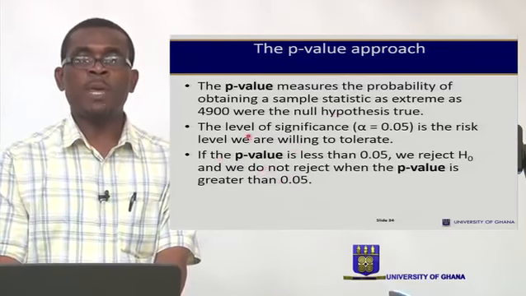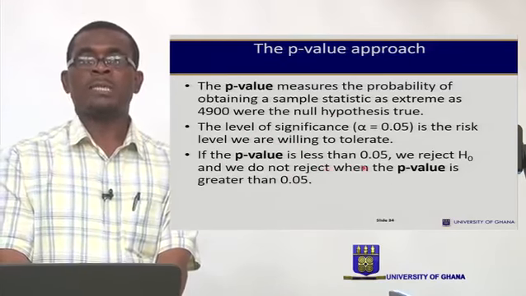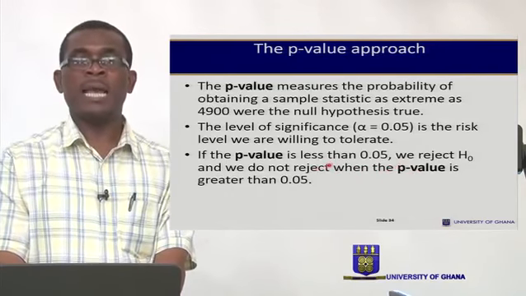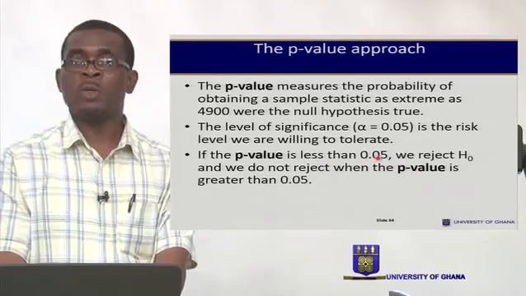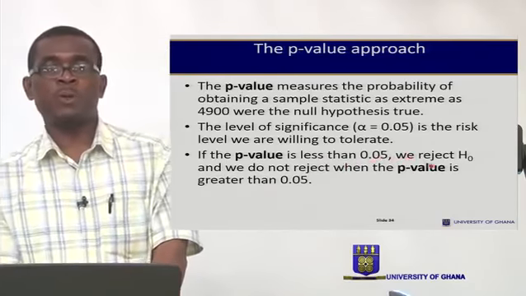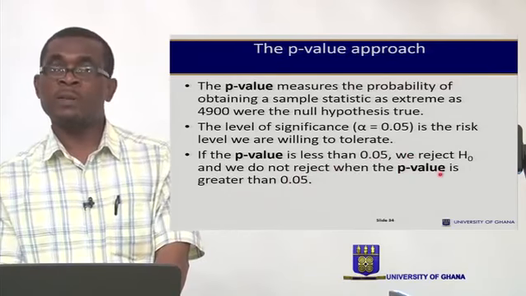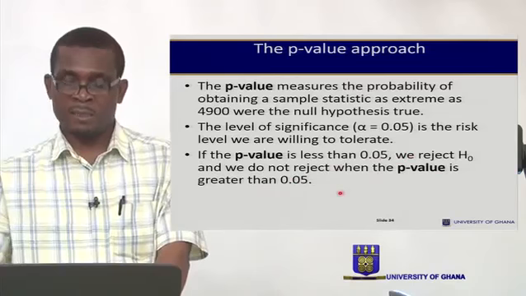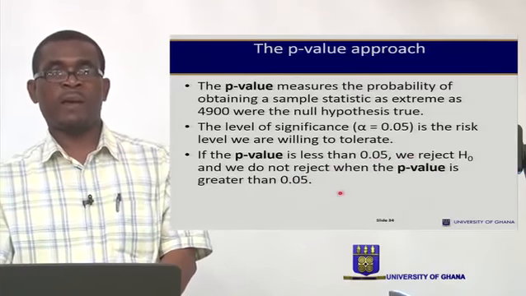So if the p-value is less than the significance level, we reject the null hypothesis. And we do not reject when the p-value is greater than the significance level, in this case 0.05.